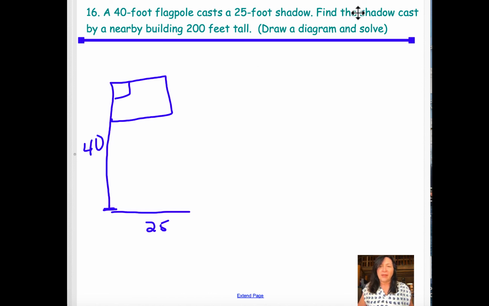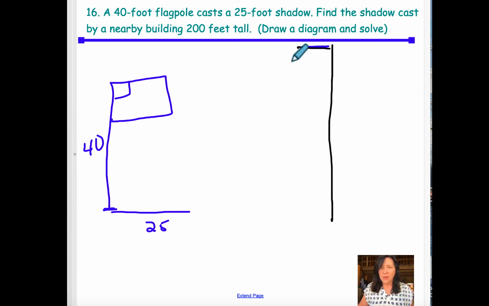It says, find the shadow cast by a nearby building that's 200 feet tall. So now I've got another building, some building way up here. I'm going to make this a building block.